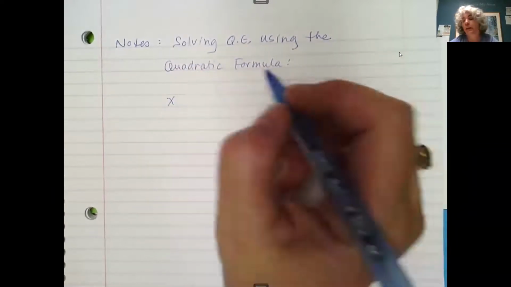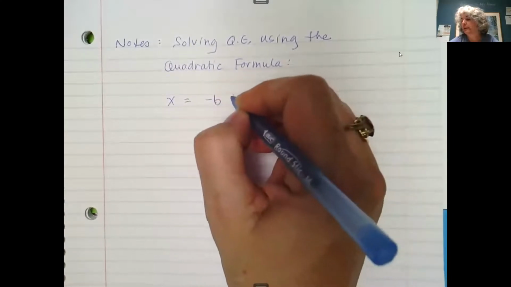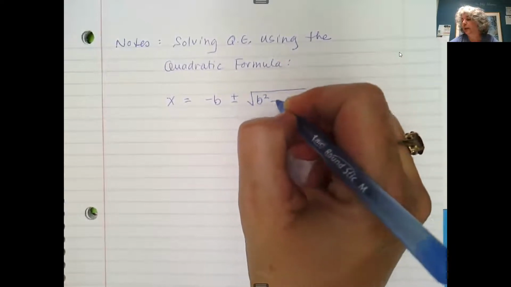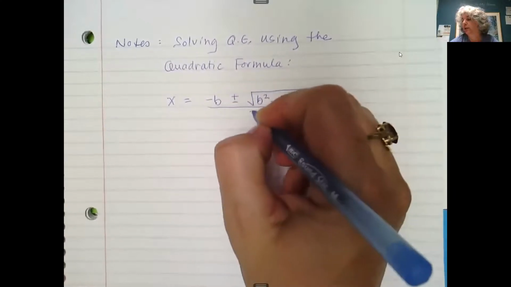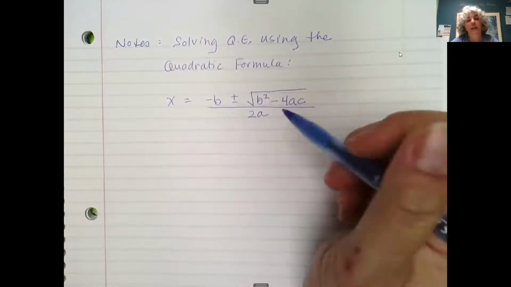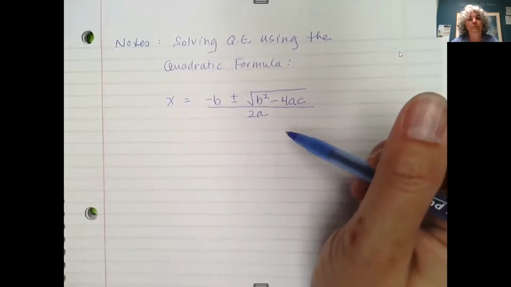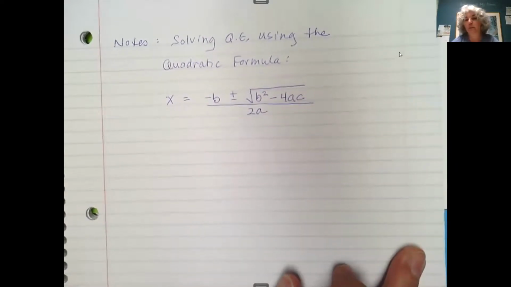It starts out x equals the opposite of b plus or minus the square root of b squared minus 4ac, all divided by 2a. And this a, b, and c are what are in your standard form of the equation. So you need to find what those are in each equation and then plug them in.